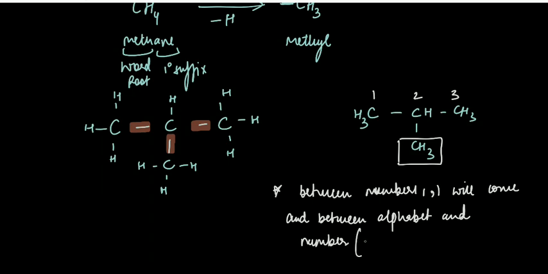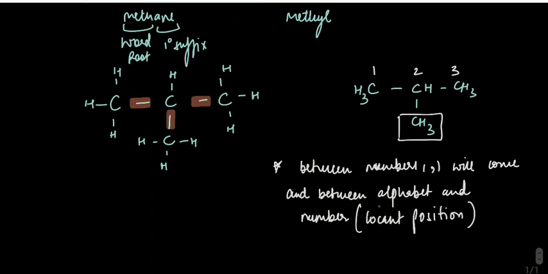The number is what we call the locant position, which is basically the carbon position of the main parent chain to which some branch is attached, or it can be a functional group or any kind of substituent. That's one of the rules.